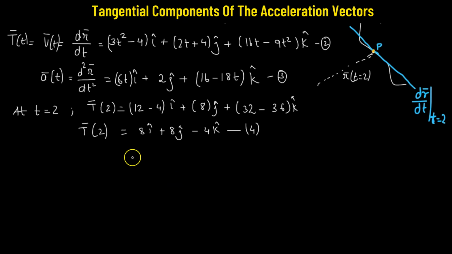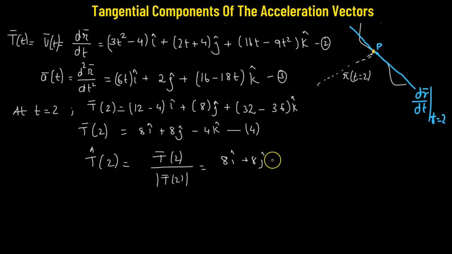This is the tangential vector calculated at time t equals 2. Now, we can also define the unit vector of this tangential vector at that particular point. That is simply defined by the tangential vector calculated at 2 divided by its magnitude. So we have the vector 8 i cap plus 8 j cap minus 4 k cap divided by its magnitude, which is the square root of 8 squared plus 8 squared plus negative 4 squared.